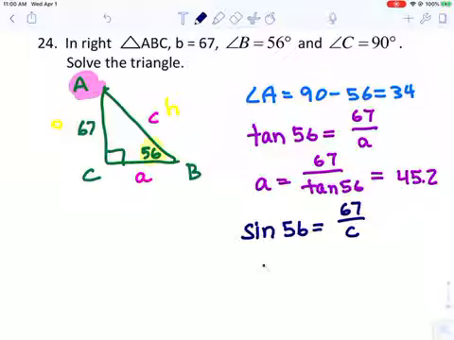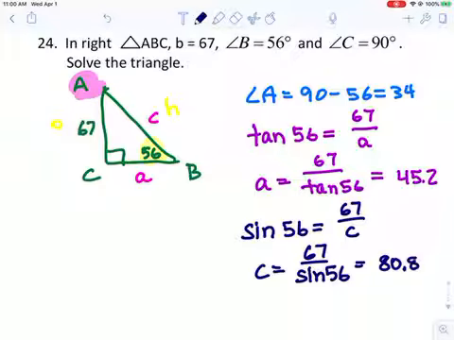Again, I'm dividing. And that's it for solving a right triangle.